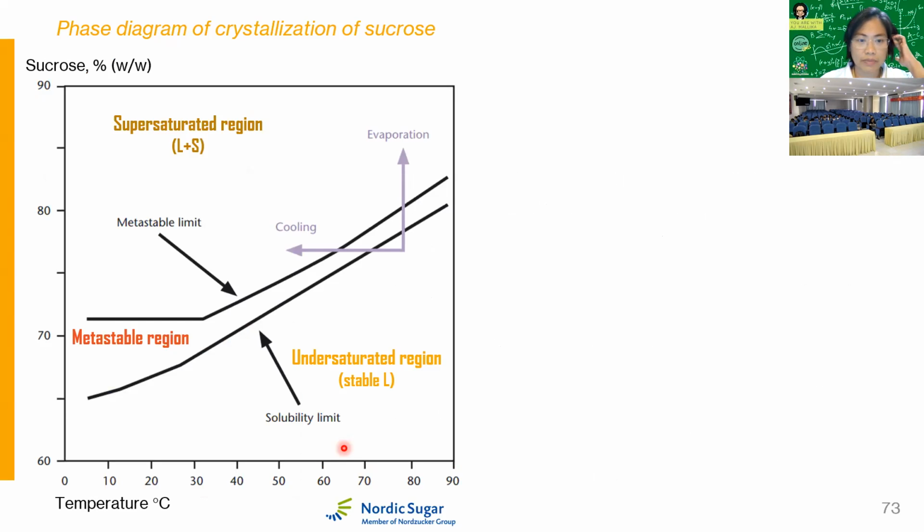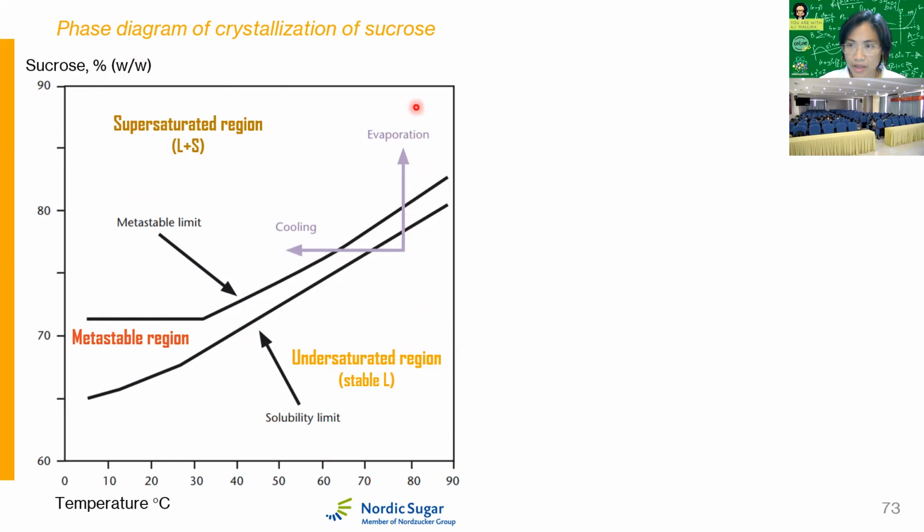This is the example of sugar crystallization, the crystallization of sucrose. Here you have concentration on the y-axis and temperature on the x-axis. You have the region called the undersaturated region, and what's called the supersaturated region. If you go down that way, it is cooling.